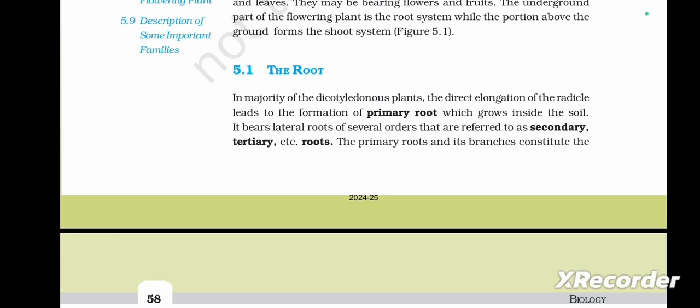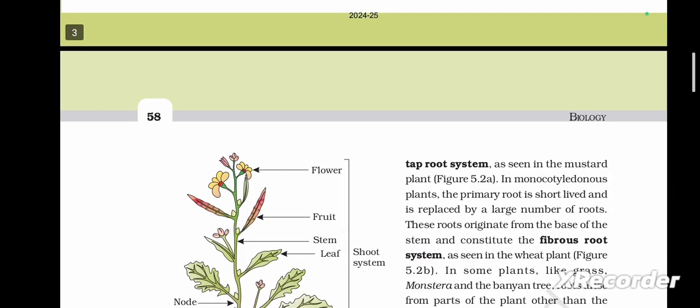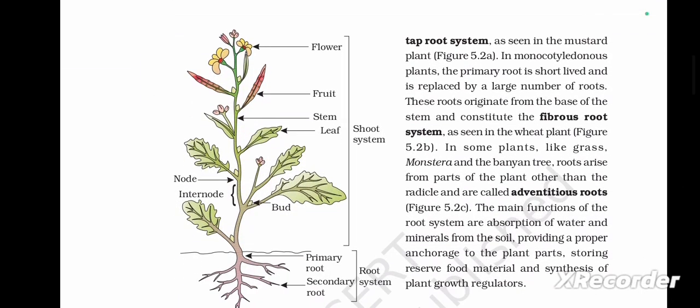The primary roots and its branches constitute the taproot system, as seen in the mustard plant, and the figure has been given in 5.2a. In monocotyledonous plants, the primary root is short-lived and is replaced by a large number of roots. These roots originate from the base of the stem and constitute the fibrous root system as seen in the wheat plant. So the figure is given in 5.2b.